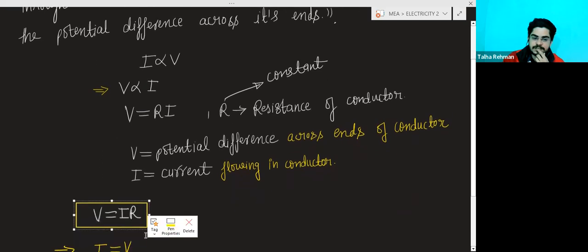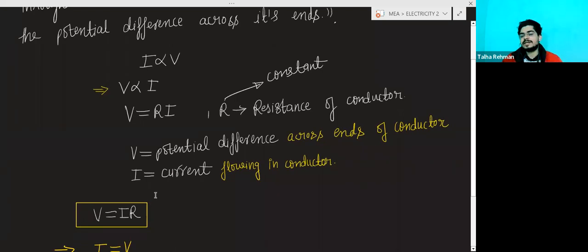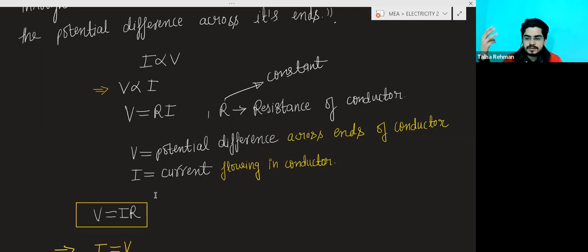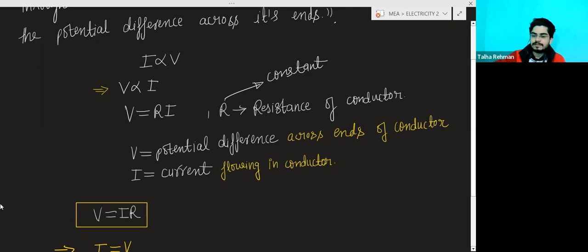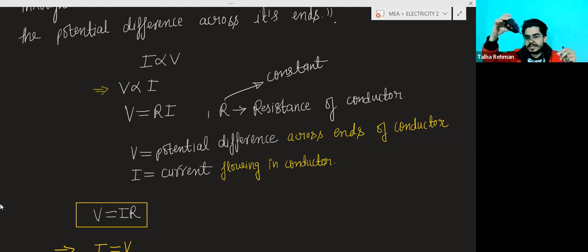We are getting this relation from Ohm's law, and this relation is valid only when there is a constant temperature. Generally we see that the temperature of the wires remains constant. For example, you can take the wire of this mouse. Right now the mouse is in working condition, and the temperature of this wire is the same all the time.